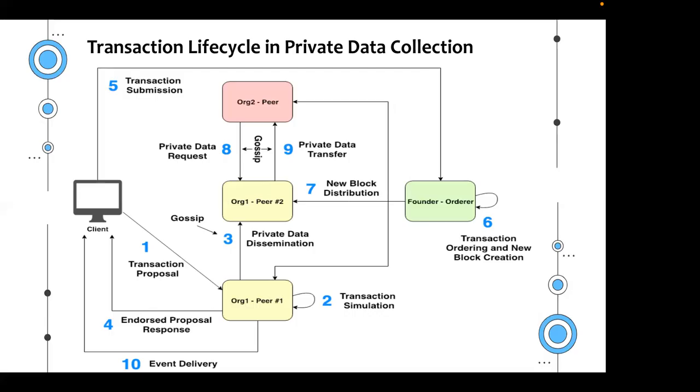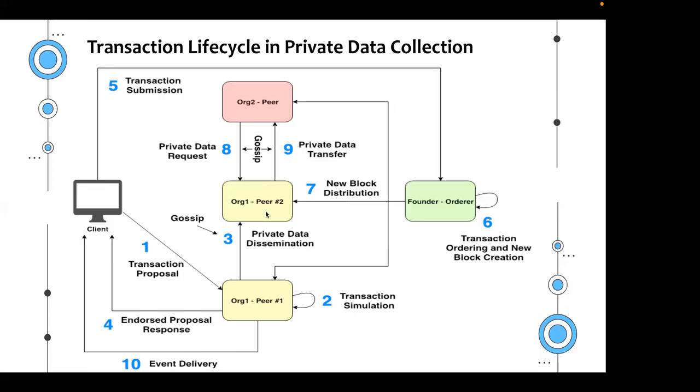So it will come here and simulate the transaction. Then directly from the endorsement it will go for the commitment to the peers who are part of the private data.